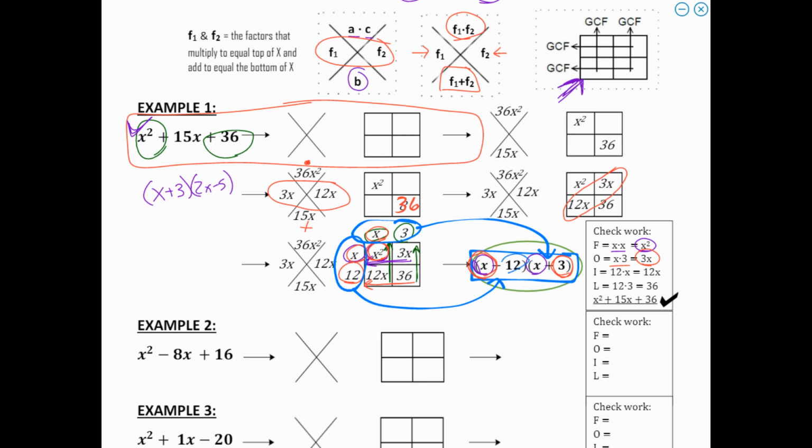Then I've got my inside terms, which is 12 and x, which is 12x. Then my last terms, which are 12 and 3, so 12 times 3 is 36. Okay, so my 36 checks out. I've got a 3x and a 12x, not a 15x. Do they equal 15x? Yes. Okay, so it checks out. It works.